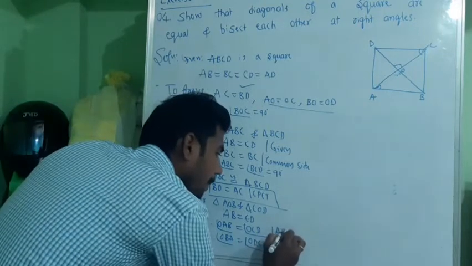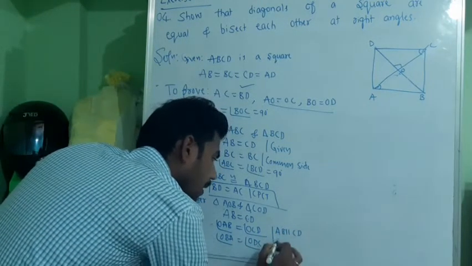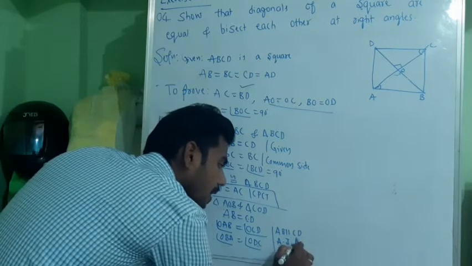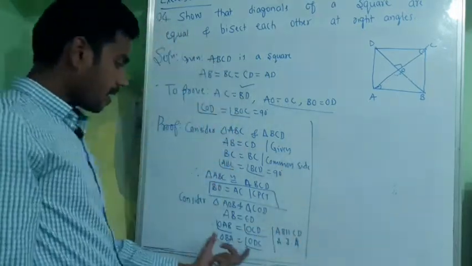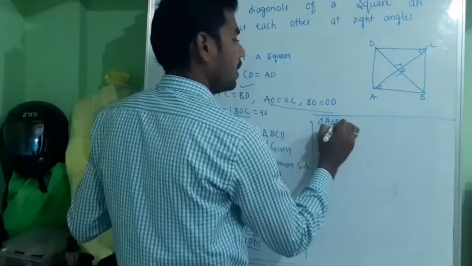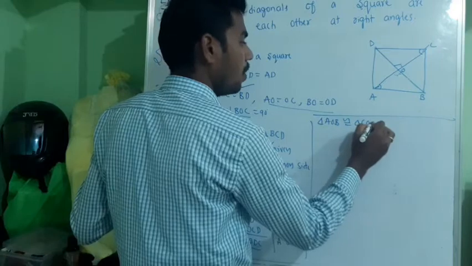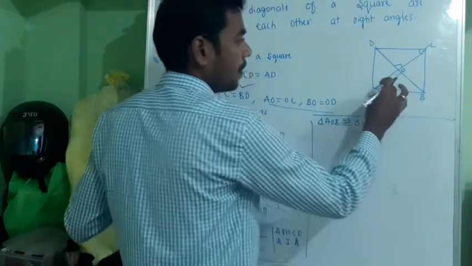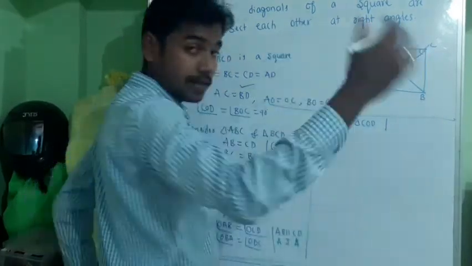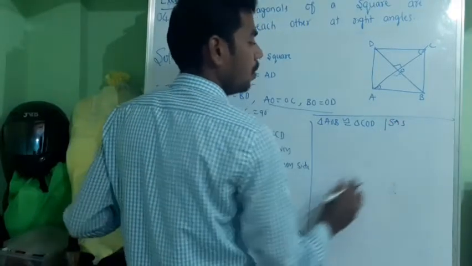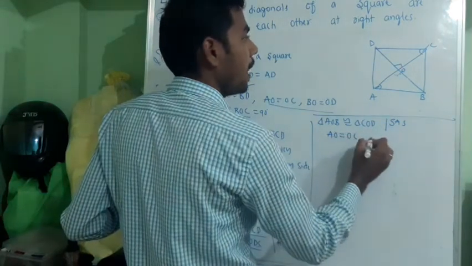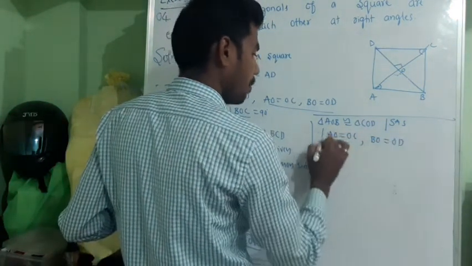AB is parallel to CD and these two are alternate interior angles, and they will be equal. Therefore, triangle AOB is congruent to triangle COD because these two angles and the included side of this triangle are equal to these two angles and the included side of the other triangle. This is by the ASA rule. So we can write AO is equal to OC and BO is equal to OD. The other part we also proved.